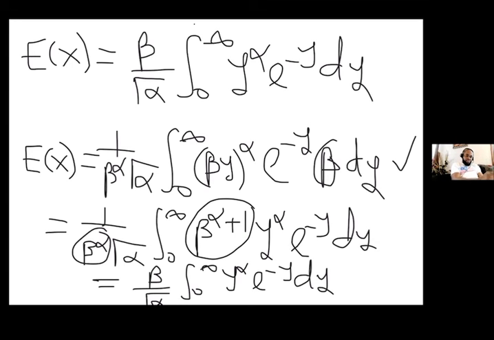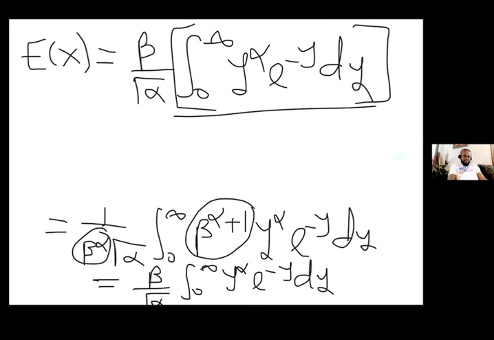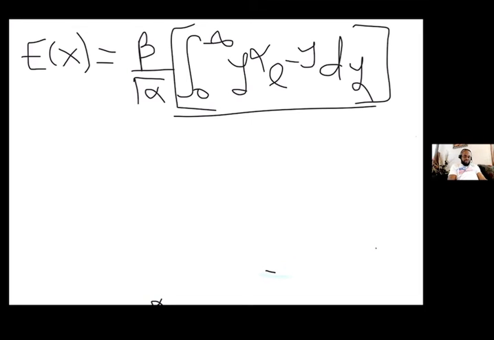Can somebody tell me, for extra credit, what I have in the integral? If you want to use the idea of the gamma function, what is that? Can somebody tell me what it is going to be? Gamma alpha minus 1? Are you sure?